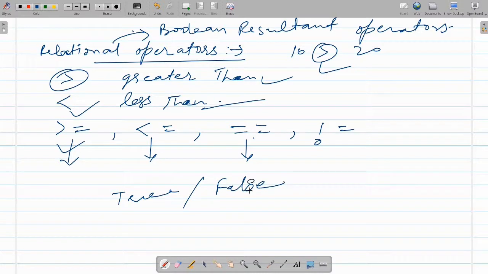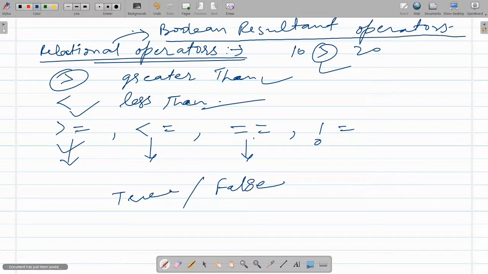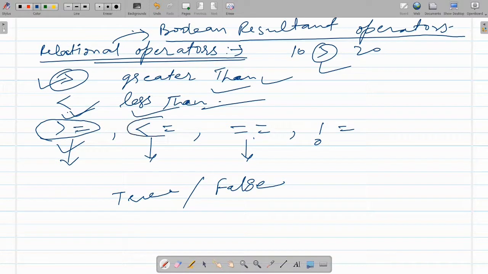That's why all relational operators are called Boolean resultant operators. So this operator checks whether the number is greater than or not, this checks whether less than or not, this checks greater than or equal to, this will check less than or equal to, this will check equivalent, and this will check not equals to.